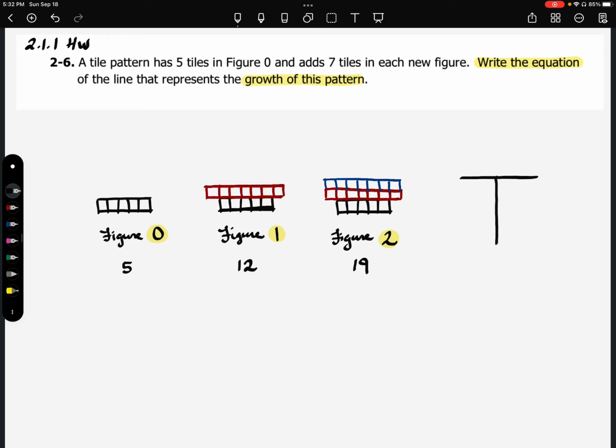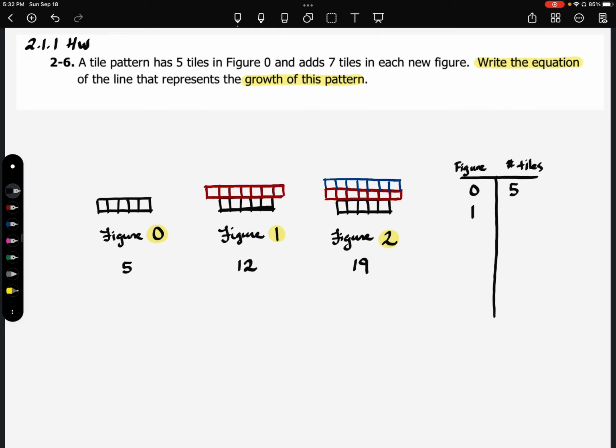As we look at this, we can kind of draw out what's happening in a table as well. We could call this our figure number. And then we're talking about the number of tiles. Right, so in figure 0, we started out with 5 tiles.